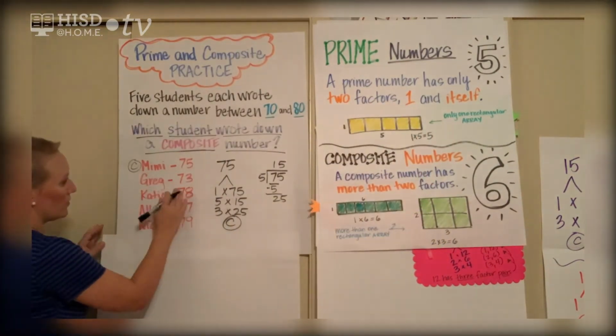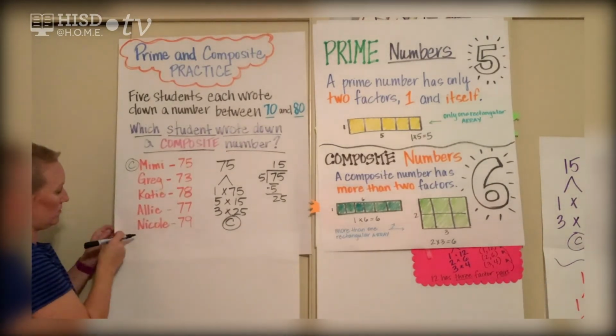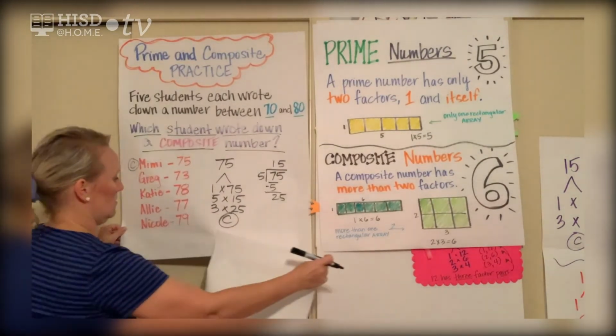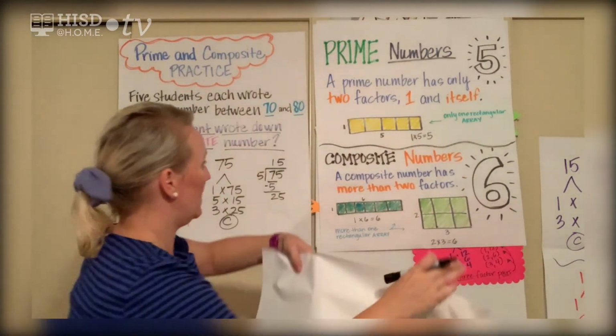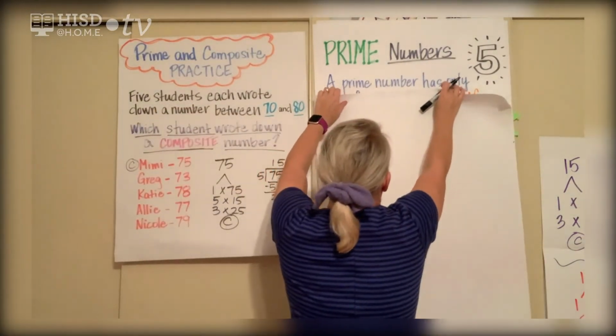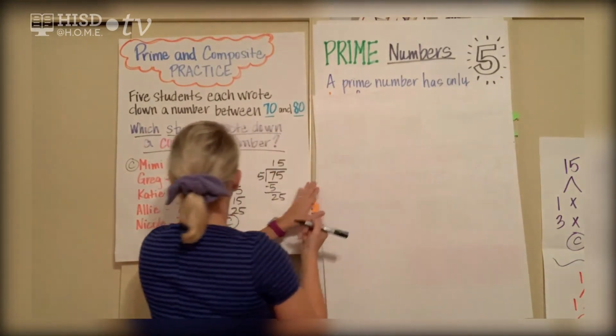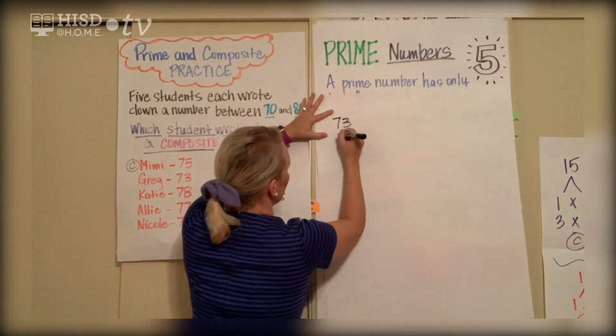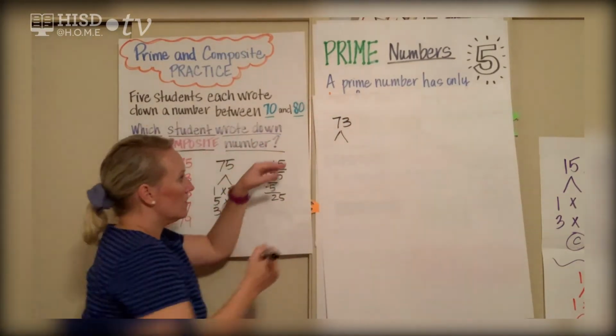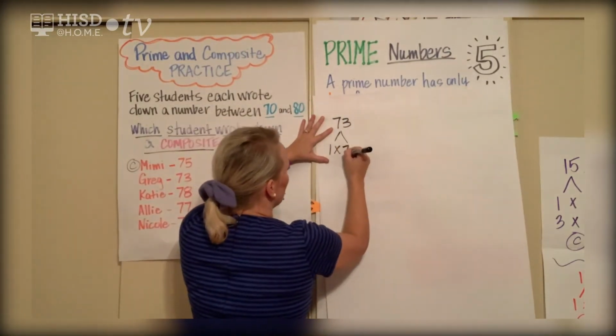So let's look at Greg's number. Greg wrote down 73, so we're right here. We're going to test 73. 1 times itself.